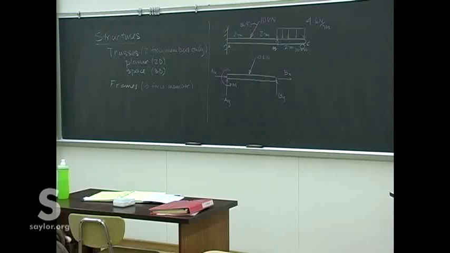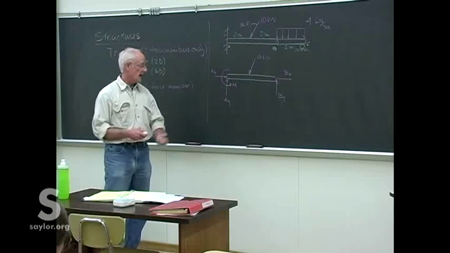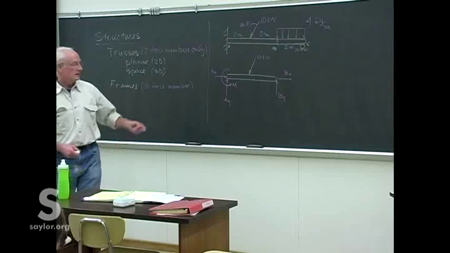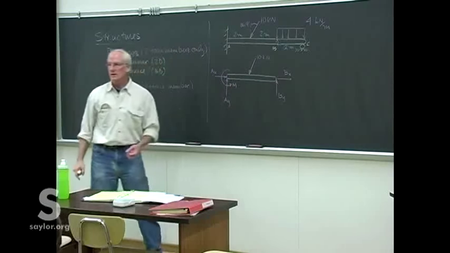So the only difference here to anything we've done before is that we have 3 or more forces on a single member. In this one we happen to have 4. The 2 end forces, the moment, and the intermediate load.